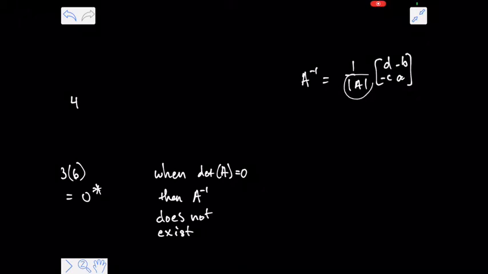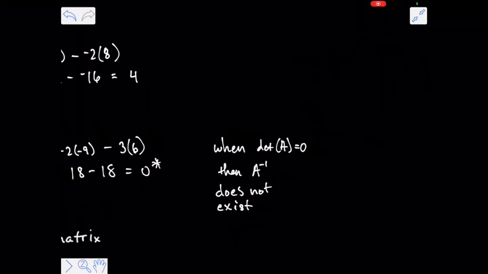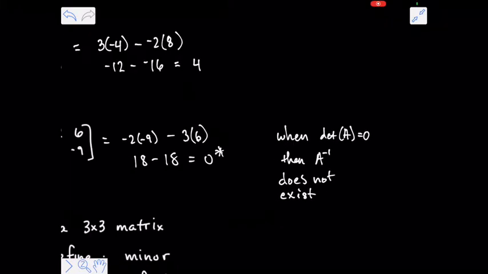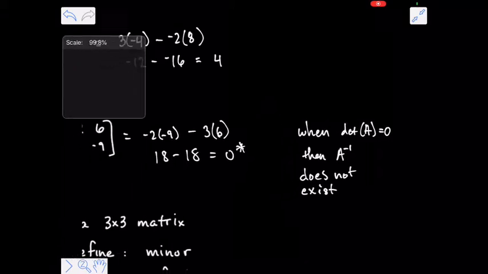So if the determinant is 0, we'd end up with 0 at the bottom of a fraction. Can't divide by 0, therefore this is undefined. So if the determinant is 0, the inverse doesn't exist. That's how we use the determinant to determine if a matrix has an inverse: we can first calculate the determinant. If the determinant is 0, then we know it has no inverse.